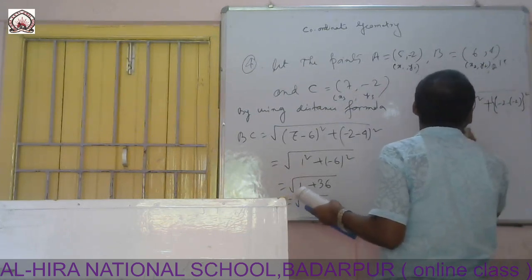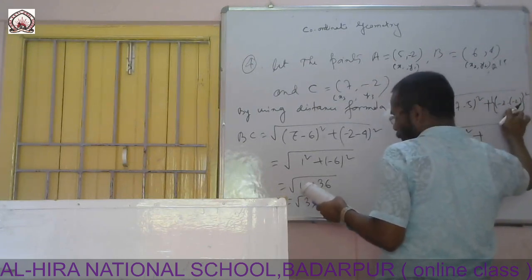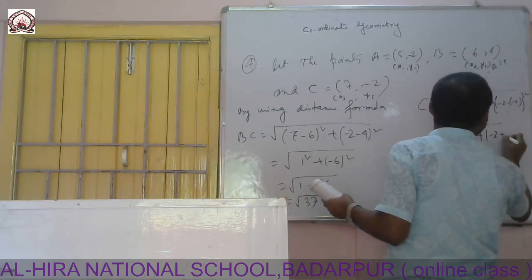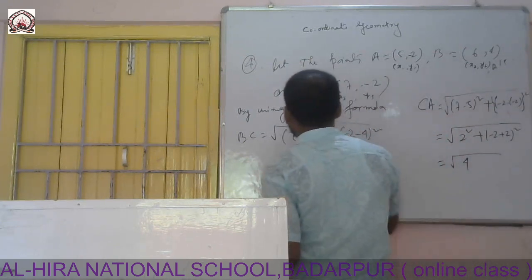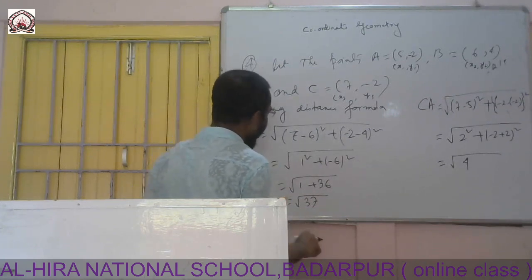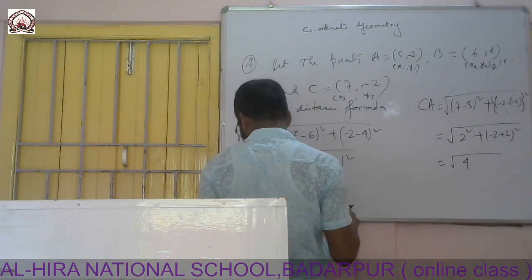Then it is 7 minus 5 is 2 square and minus 2 plus 2 whole square, this will be cancelled, then this will be 2 square is 4. So AB we are getting square root of 37, BC we are getting square root of 37, and CA is square root of 4, but two sides are equal.